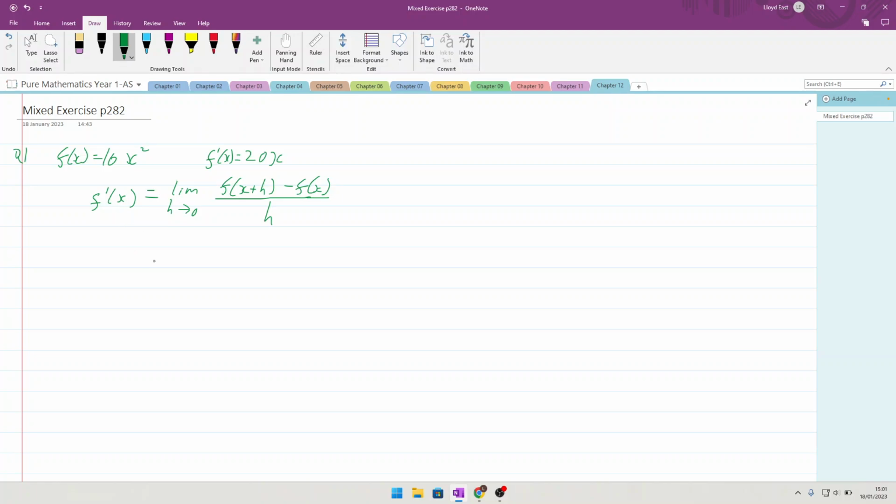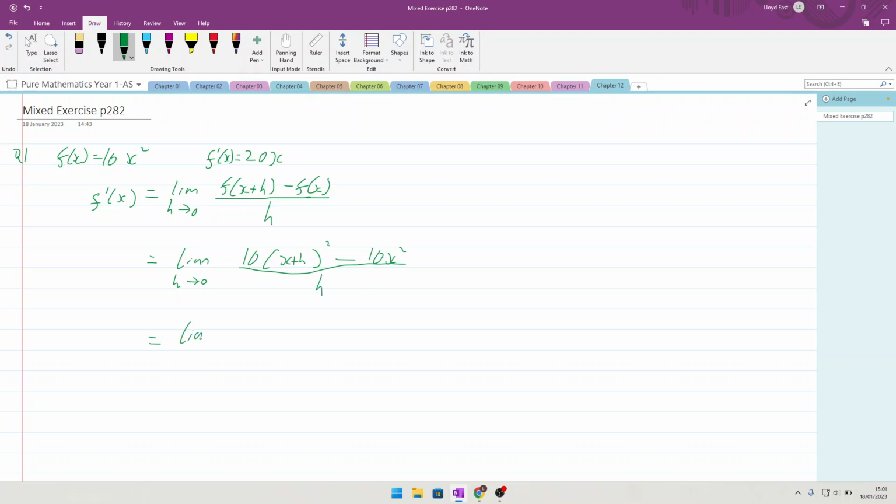Okay, so as we start putting that in, f of x is 10x squared, so we get the limit of h tending to 0 of 10 times, now instead of x, we've got x plus h, squared, minus 10x squared. That's the f of x, all divided by h.